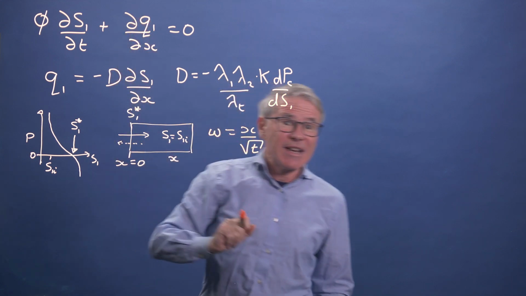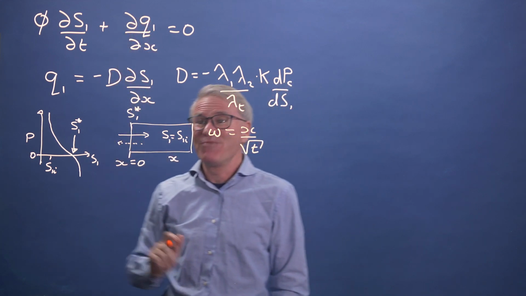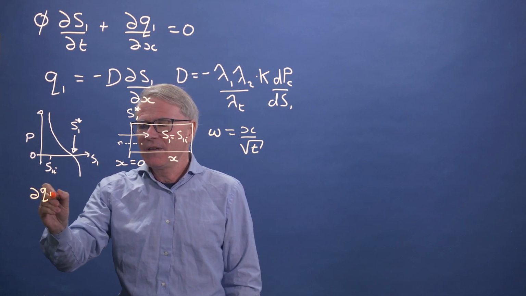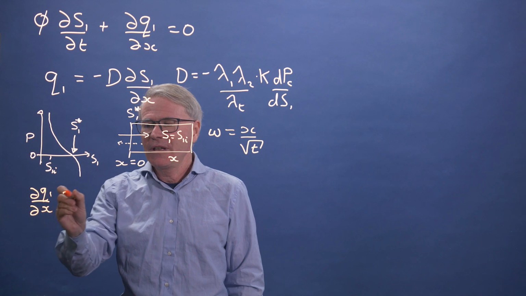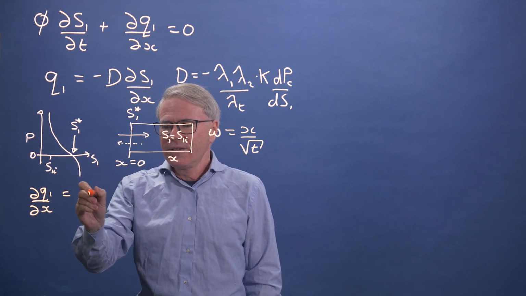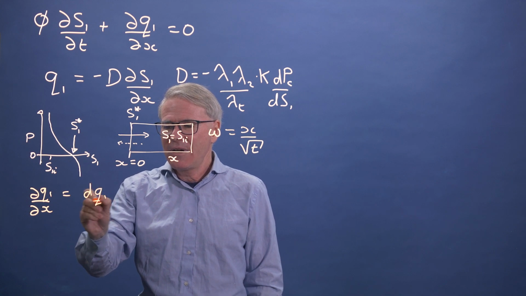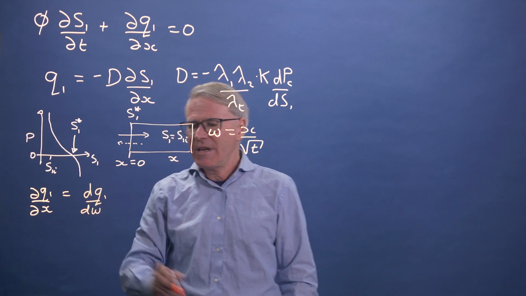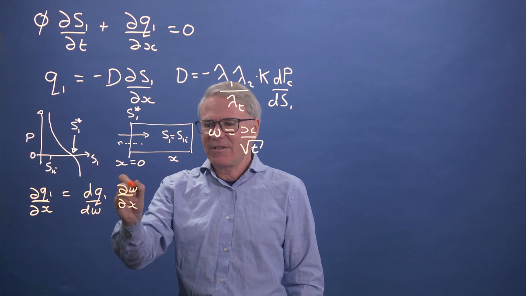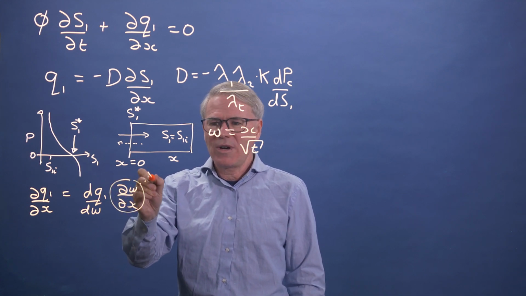Let's try and at least do it properly. To begin with, I'm just going to keep the q in, and there's a good reason for that. So I'm going to write dq1 by dx is going to be dq by d omega, d omega by dx, and that's going to be easy. That's just 1 over root t.